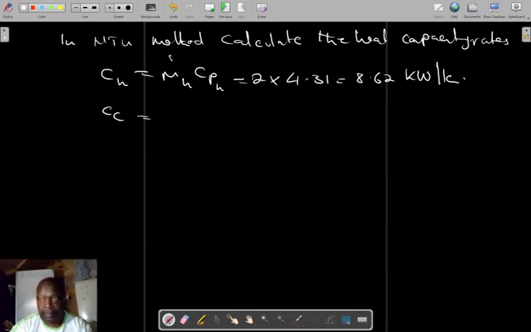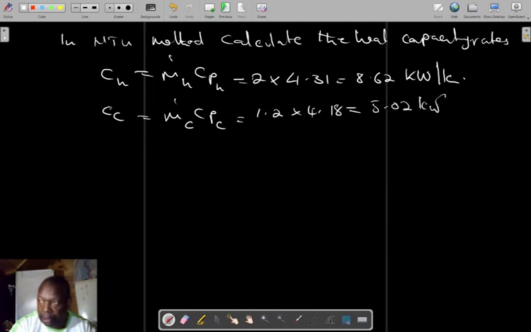CC is m dot C Cp C, which is 1.2 times 4.18, which is equal to 5.02 kilowatt per Kelvin.